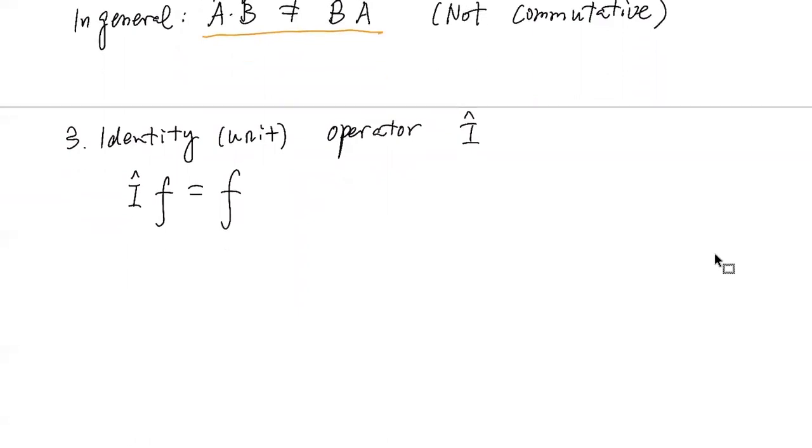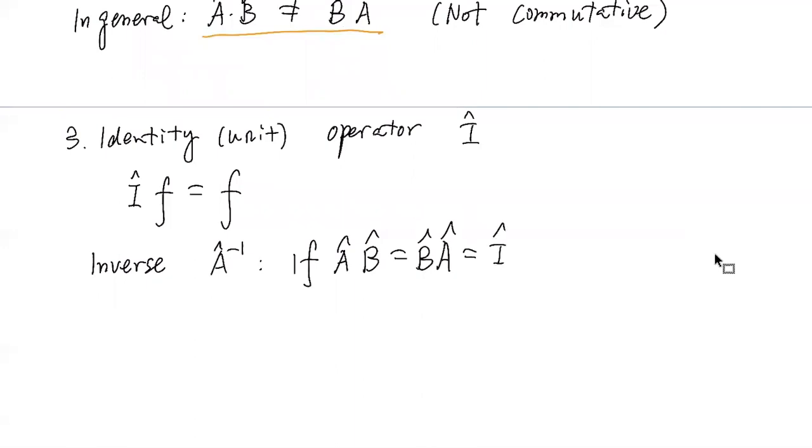In this case, we can also define the inverse of an operator. If A times B is equal to B times A is equal to the identity operator, then we can say B is the inverse operator of A, and you can denote B as A to the -1 power. Okay, this is a simple definition.